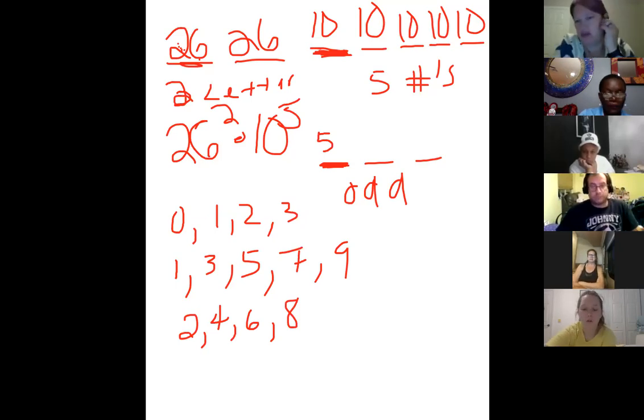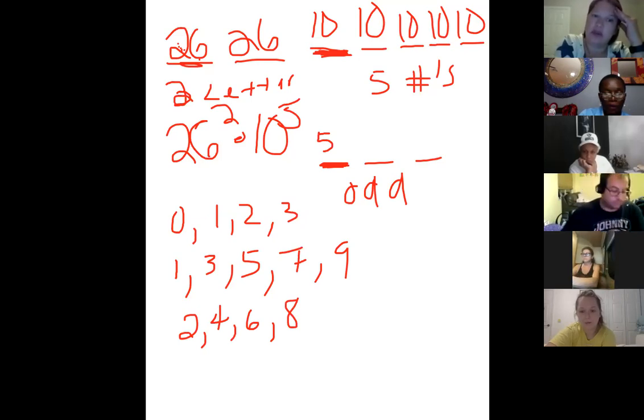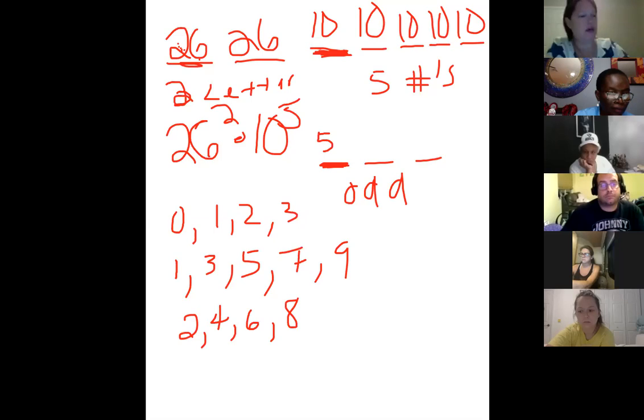And so mine says how many 6-digit odd numbers are possible if the leftmost digit cannot be 0. So that's 1, 3, 5, 7, and 9. And so we're timesing all that together to get the number? Yeah.